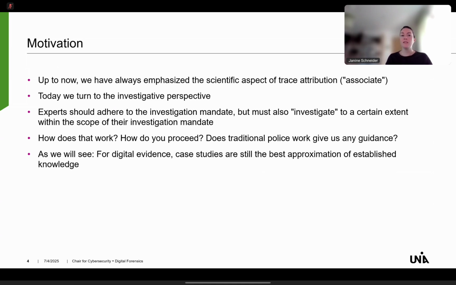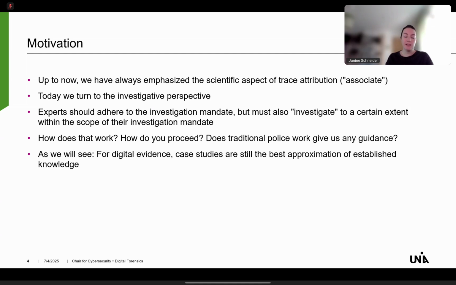So we always had a strong emphasis on the scientific aspects of trace attribution, and we talked about associations, event reconstruction, and stuff like that. But now we will turn to an investigative perspective. We didn't do that before.